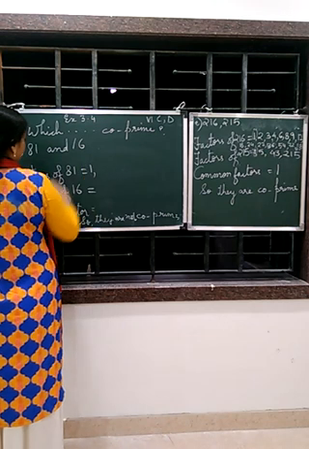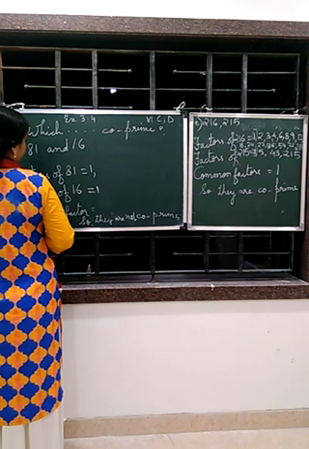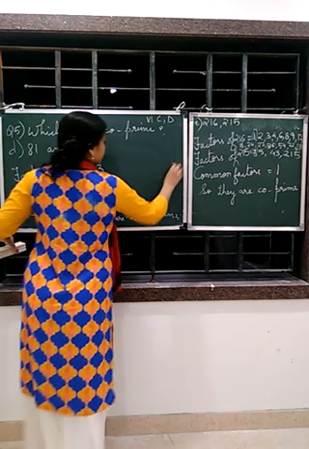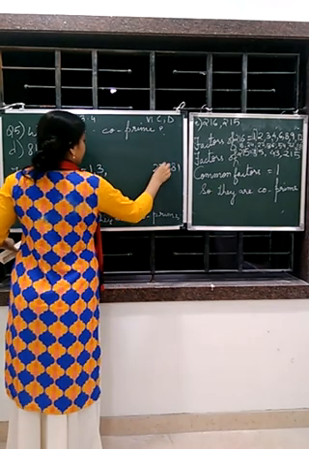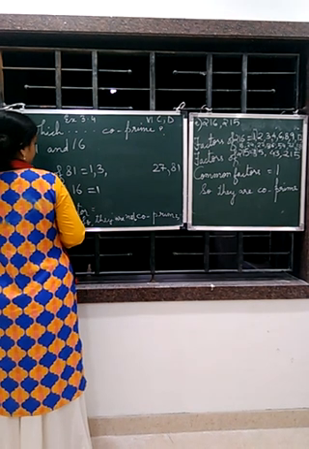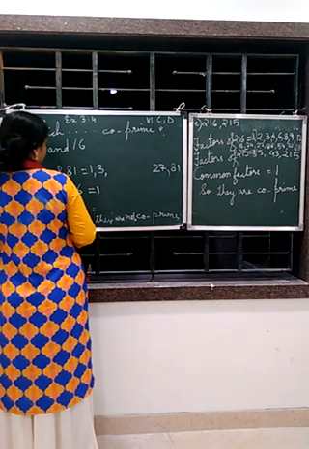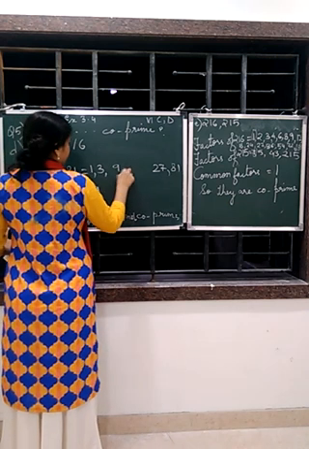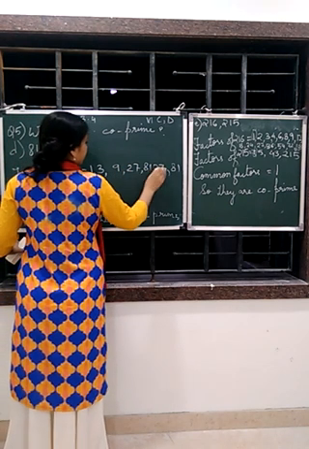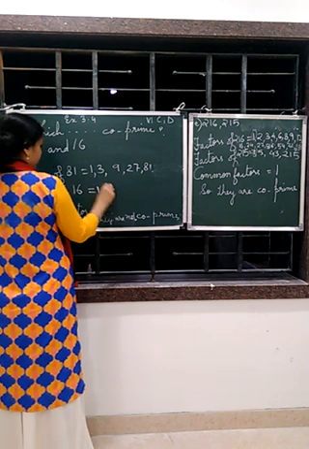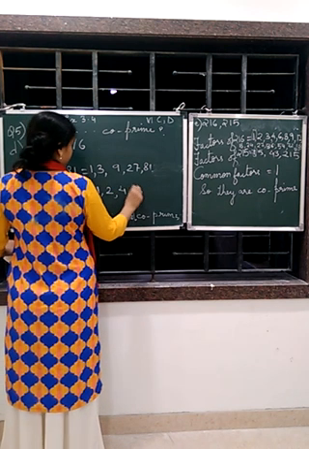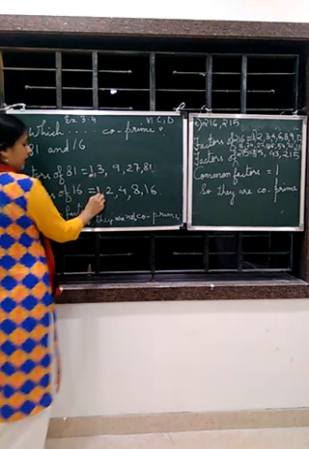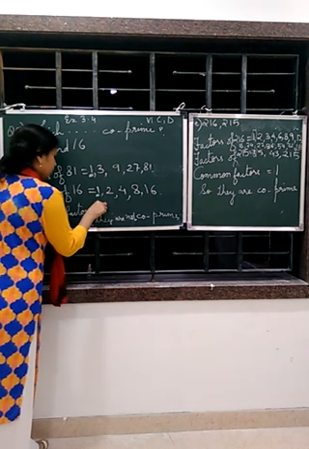So 1, then 3 27s are 81, then 9 9s are 81. So this much. And here 1, 2, 4, 8, 16. What is common? Again only and only 1 is common.